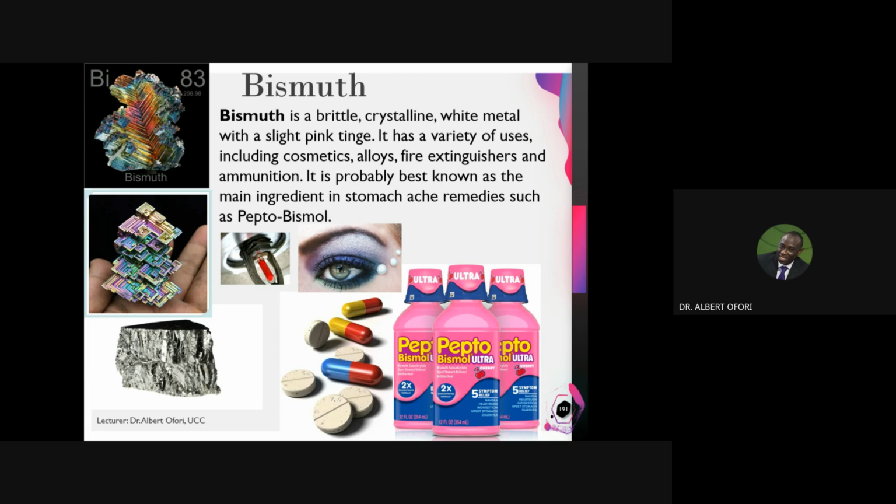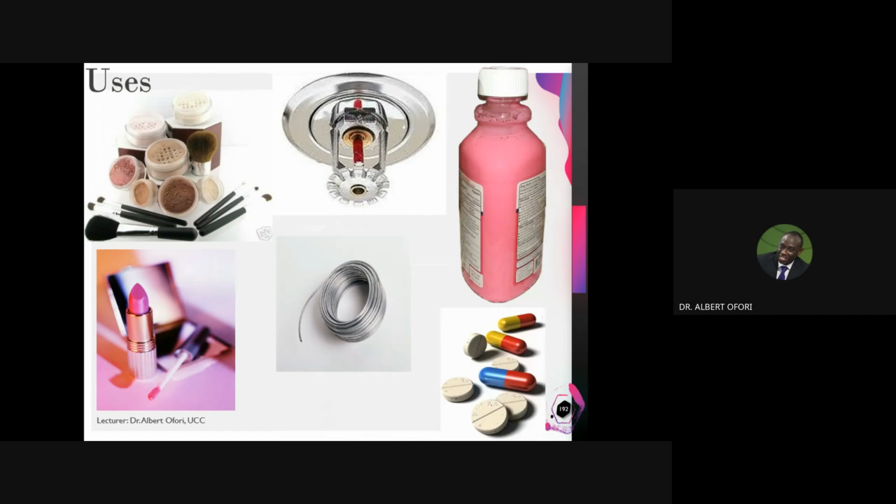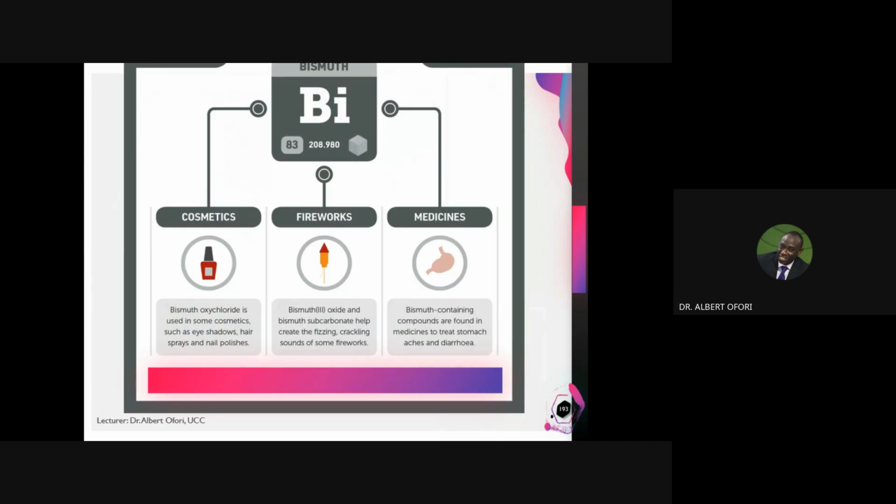The uses basically are for medication, for cosmetics, and for painting because of the purple color it brings about. For safety systems, we can also have bismuth available in that form.